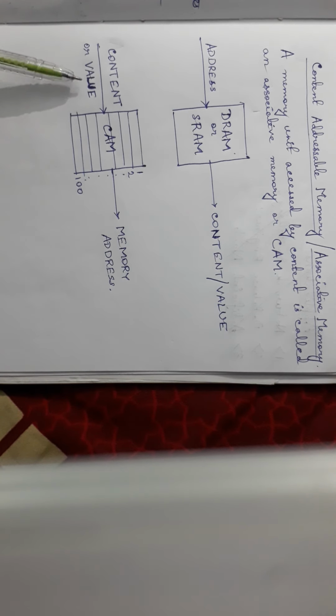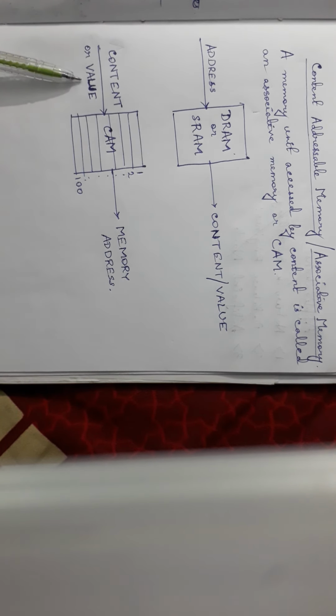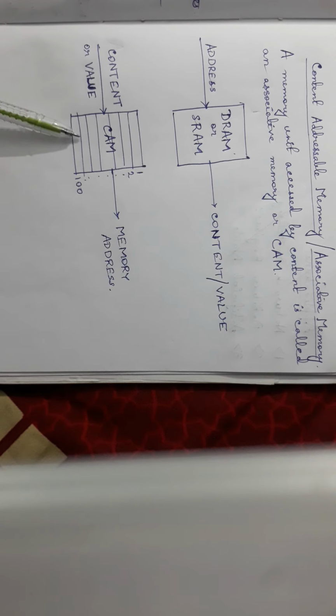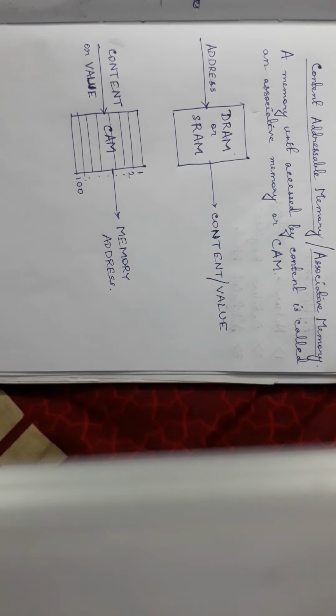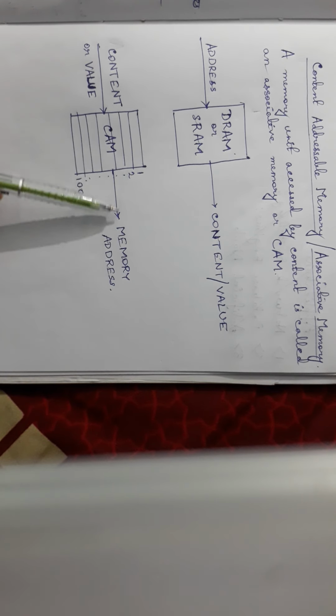and it finds out at which memory location this content or value is located, or at which memory location the content or value is to be stored. And the memory location can be one or more. If there is only one memory location that matches the content, then CAM returns that memory location.